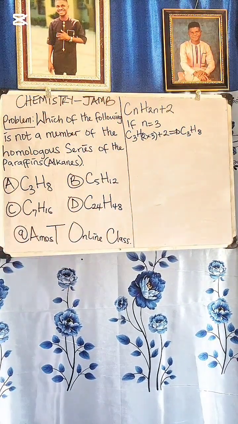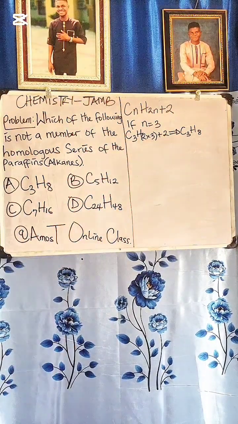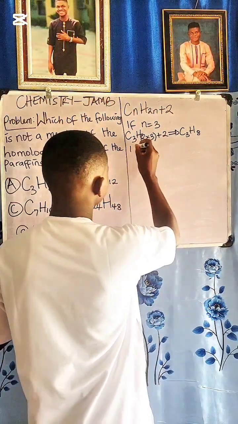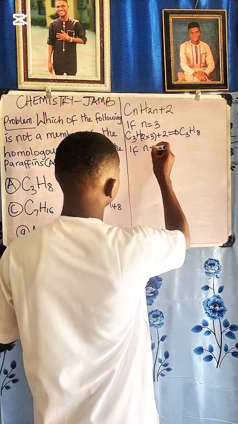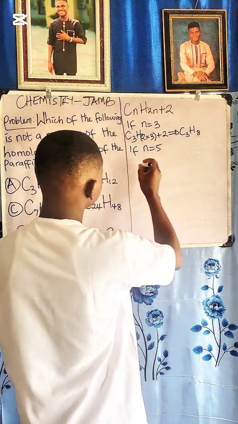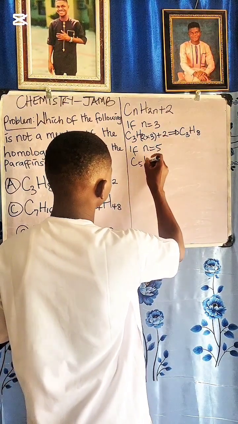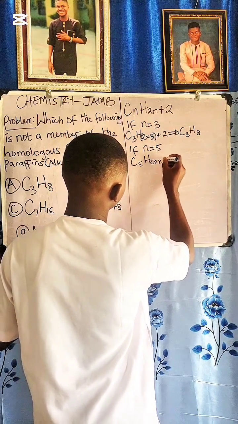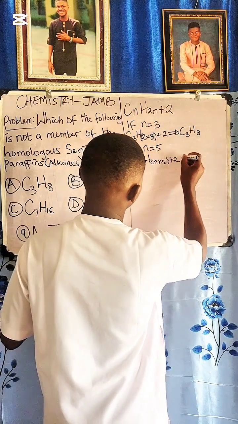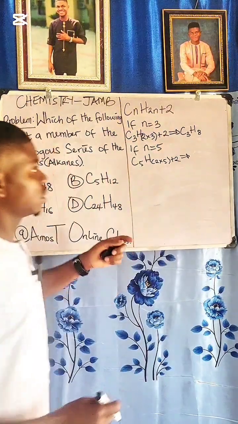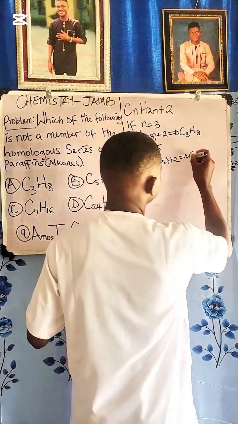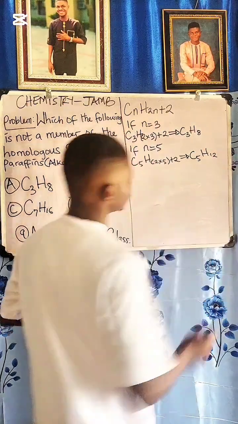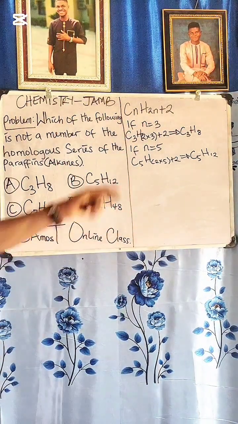Now let's check for B where n is equal to 5.